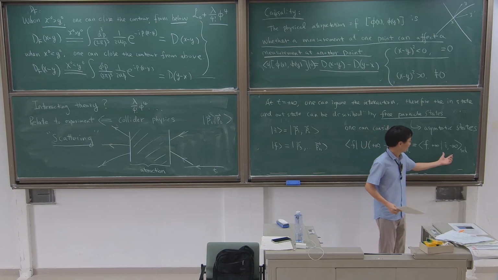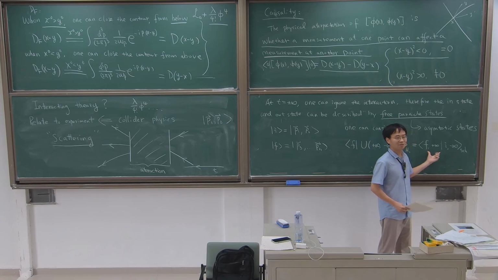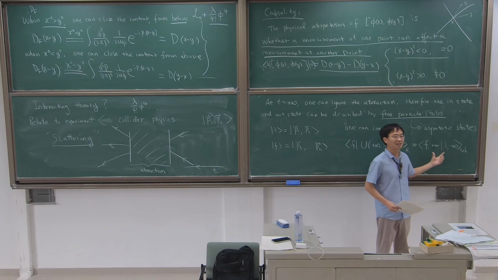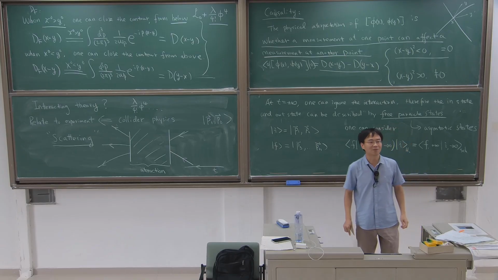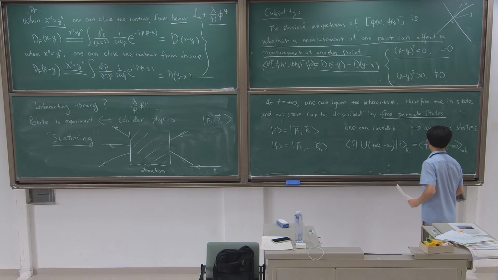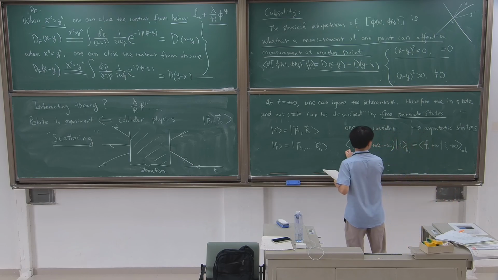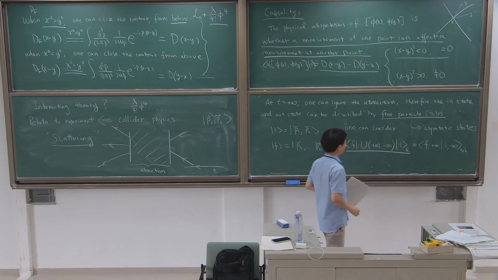So to really calculate this overlap, because these two states are located at different times, first you have to evolve them, then finally take the overlap. So you should evolve those states in order to calculate this overlap. Anyway, we want to focus on the first picture, as always in QFT.